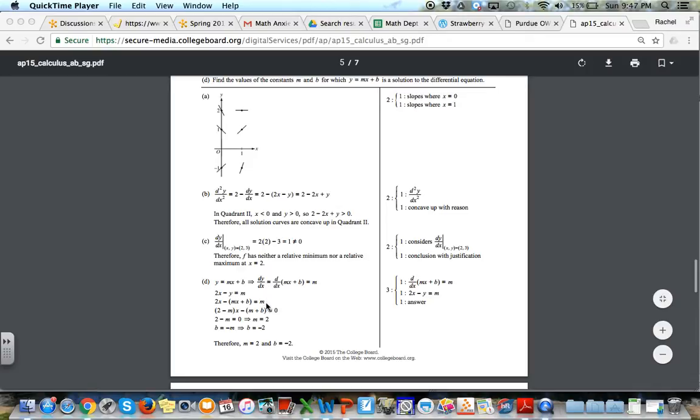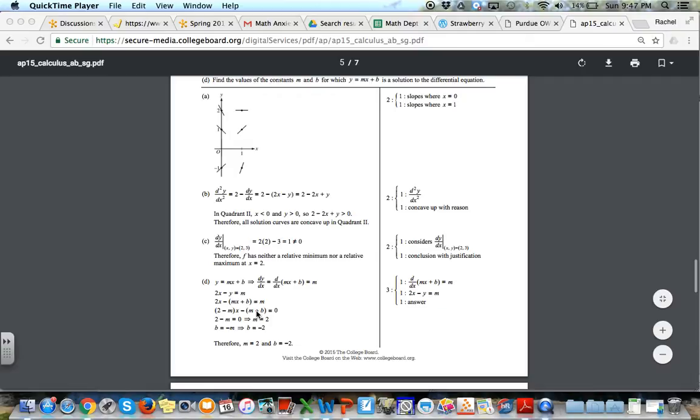And took this m and moved it over so that we were equal to 0. And then you know that in order for this to equal 0, this value would have to equal 0. That's the only way to get this x to go away. So 2 minus m has to equal 0, which means m equals 2. Also, m plus b would have to equal 0. You have to have a 0 here and a 0 here.